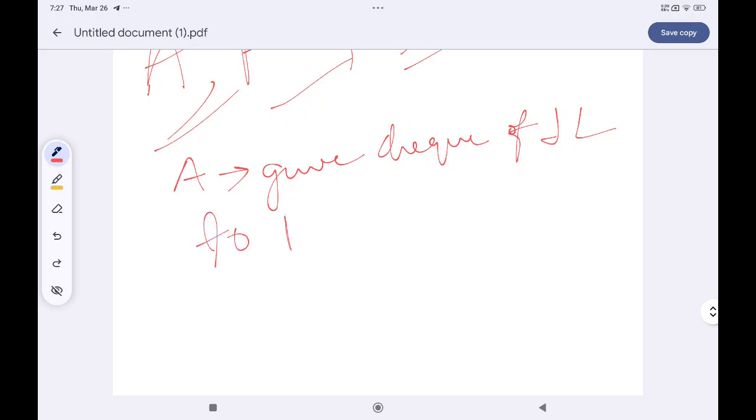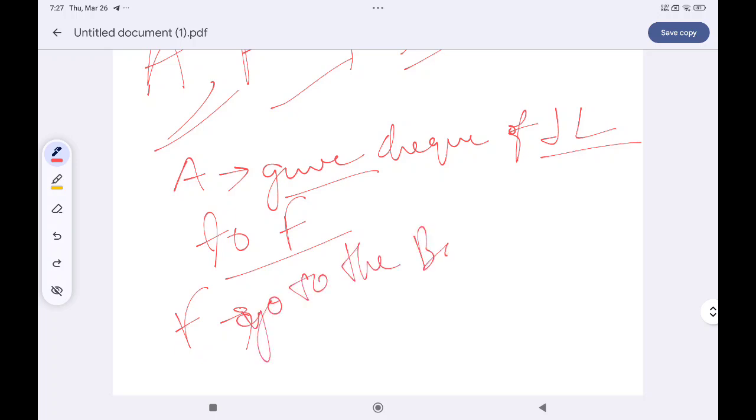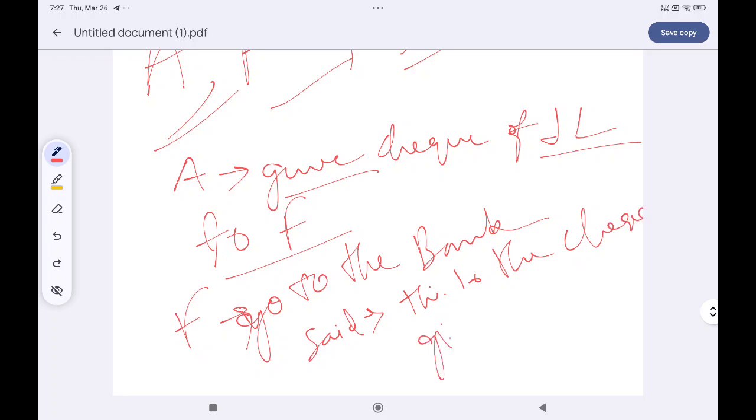To F. So F received a check of 1 lakh rupees from A. Then F went to the bank and said, this is the check, give me the money.